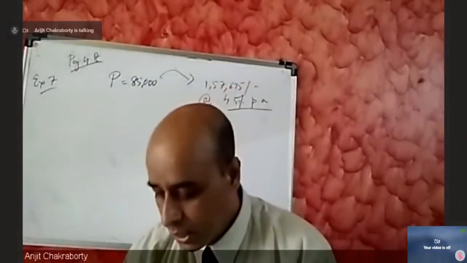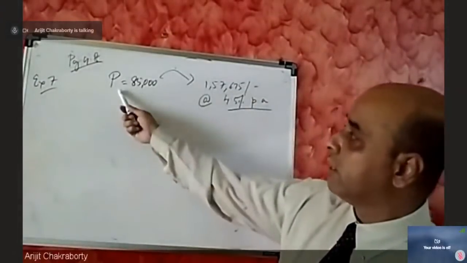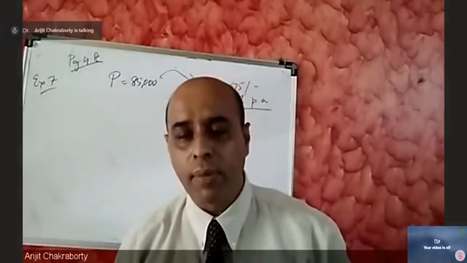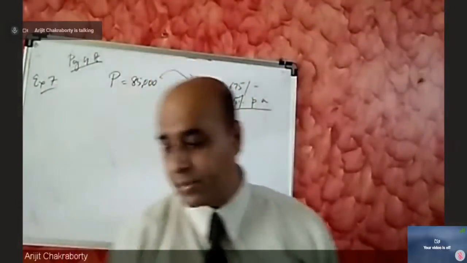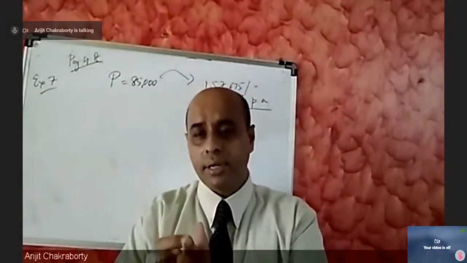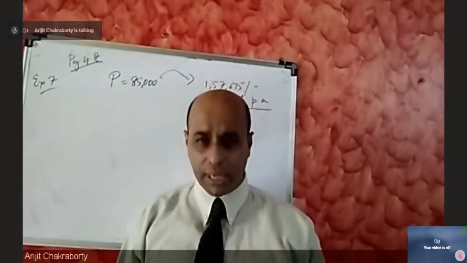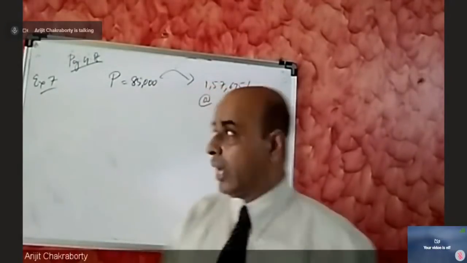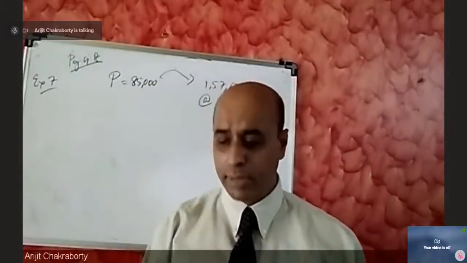So 85,000 rupees is the principal amount and it will become 1,57,675 rupees after a certain number of years. We have to find the duration, the number of years, and we are given the interest rate of 4.5% simple interest.